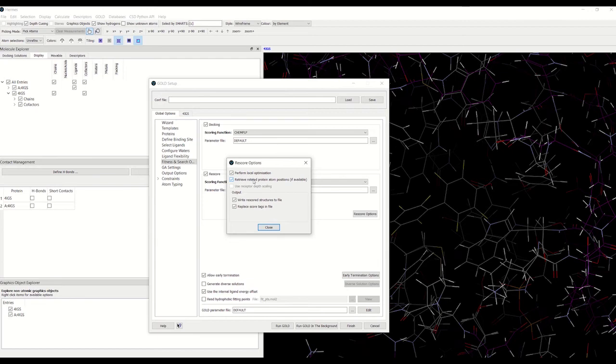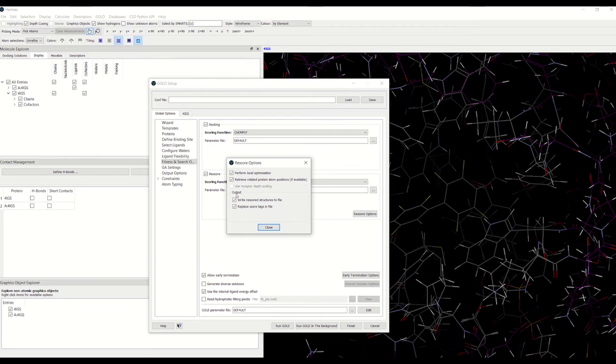If this option is not switched on, then the default hydrogen atoms positions specified in the protein input file are used. You can use receptor depth scaling only when you're rescoring with ChemScore.